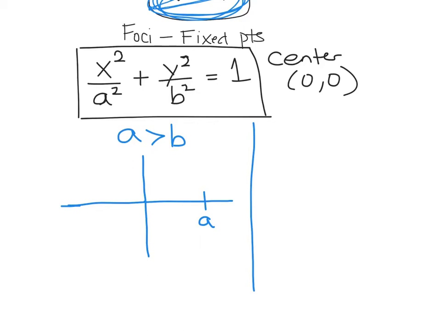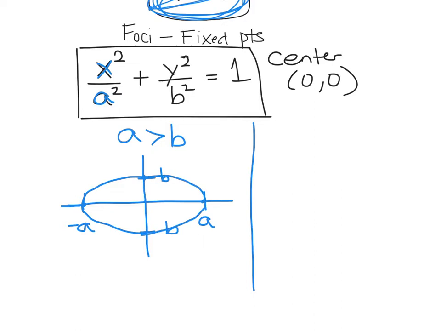Because a is the number underneath x. See up here, x, and we have a. So a is there, and then b is going to be smaller because I've said that a is greater than b. So b would be up and down, a distance of b. And the way that you make this ellipse is to put dots on all of those points, and then you draw an ellipse around like that.